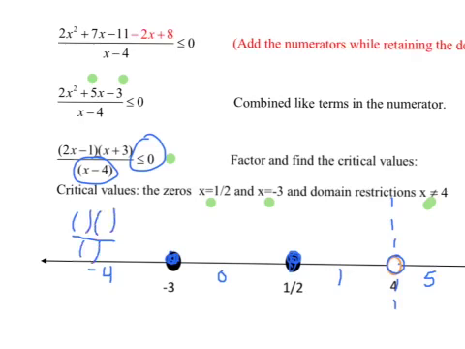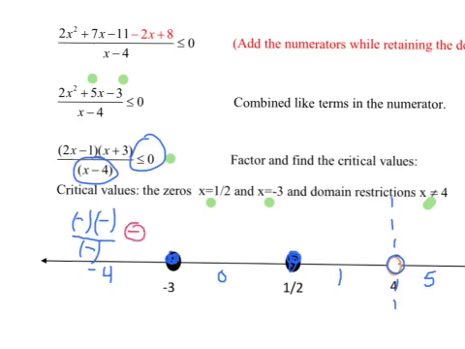I'm going to fill in negative 4 into that first quantity. Negative 4 times 2 is negative 8 minus 1 is negative 9, so it's negative. Negative 4 plus 3 is a negative value. Negative 4 minus 4 is a negative value. Negative times a negative divided by a negative is going to be a negative result for this region.